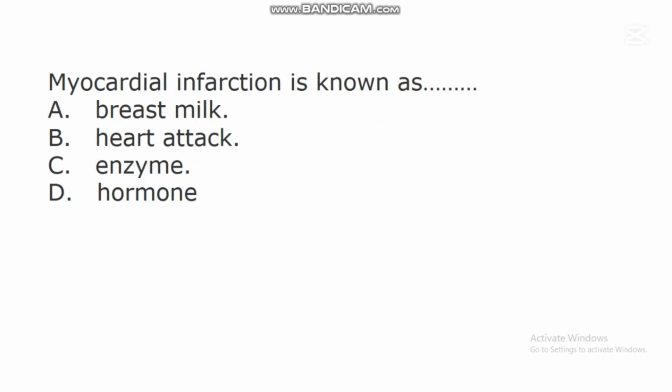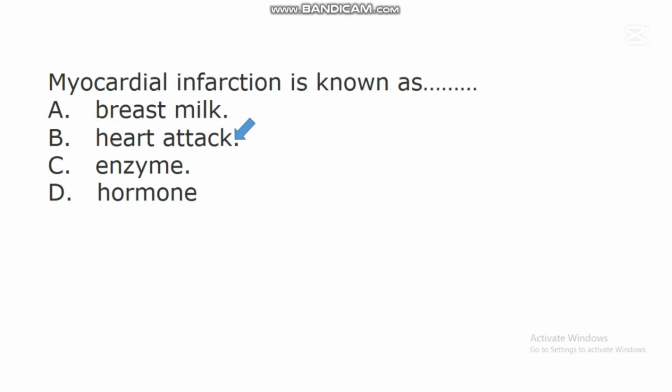The next question says, myocardial infarction is known as dash. A. Breast milk. B. Heart attack. C. Enzyme. D. Hormone. In this question, the correct answer is B. Heart attack. There is another heart disorder known as myocardial infarction.